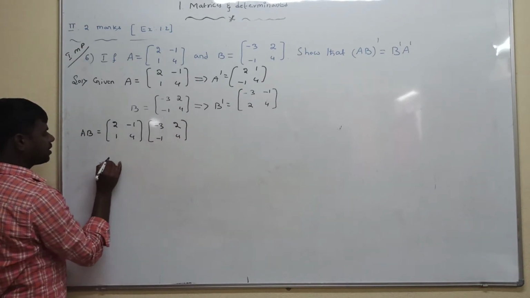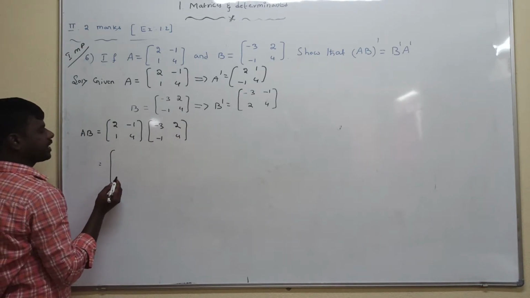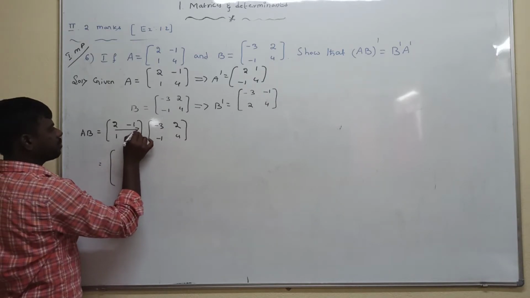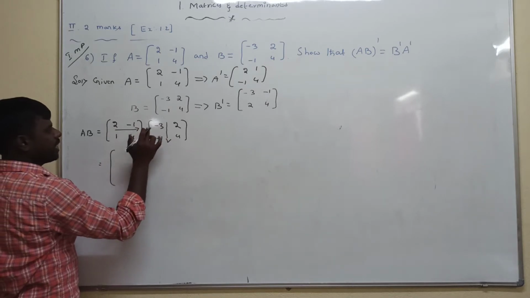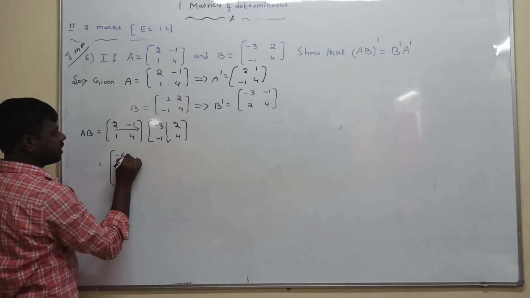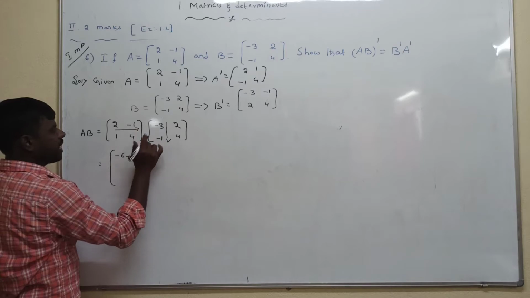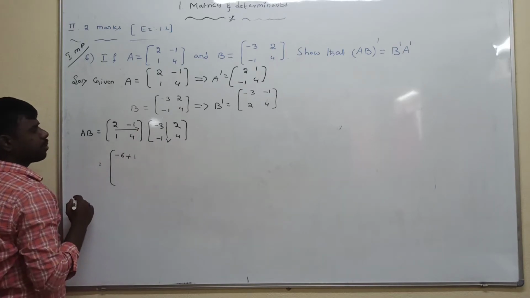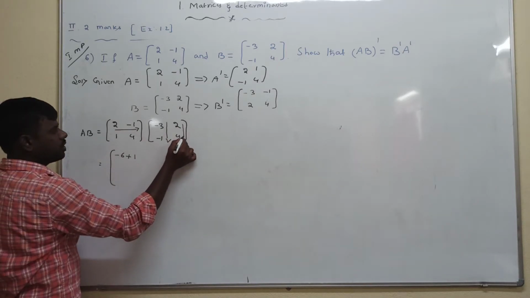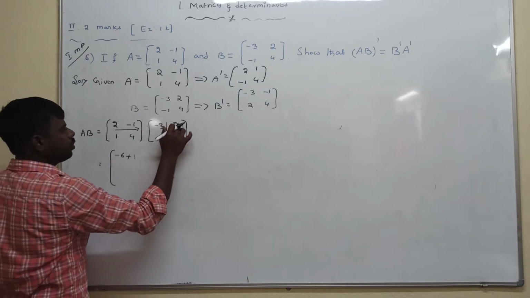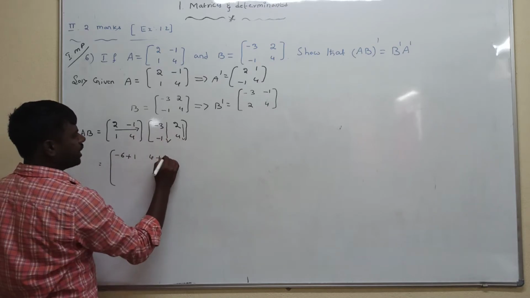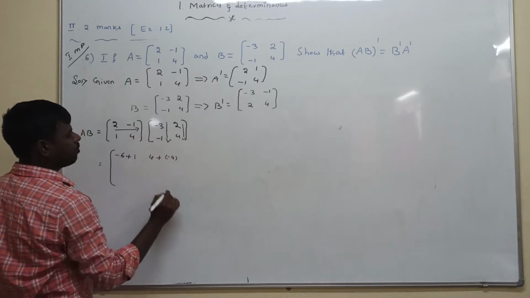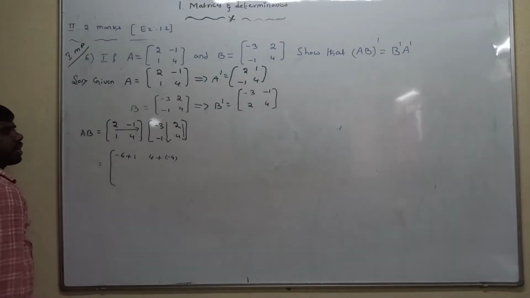By applying the multiplication of two matrices condition, the first row in the first matrix with the first column in the second matrix: 2 into -3 is -6, plus -1 into -1 is plus 1. Next, the first row with the second column: 2 into 2 is 4, plus -1 into 4 is -4.